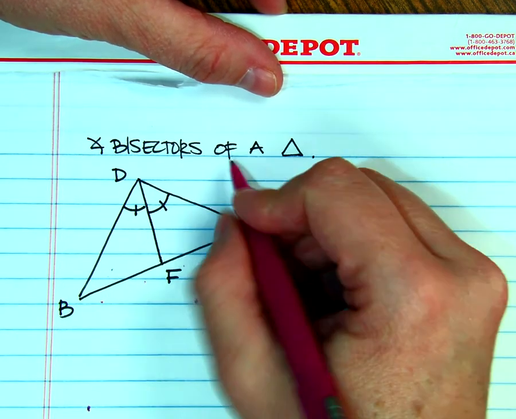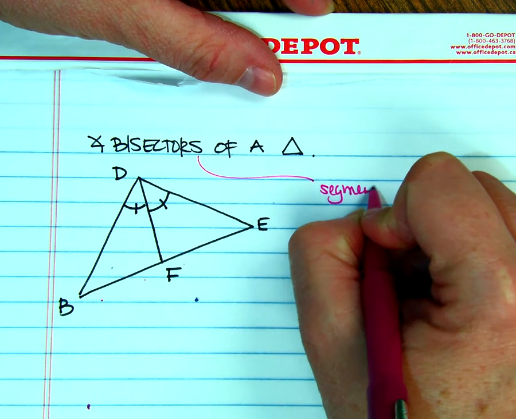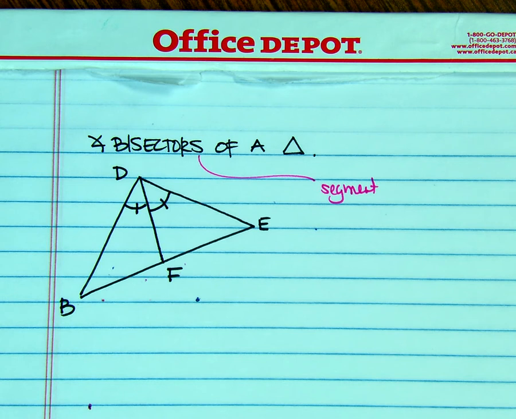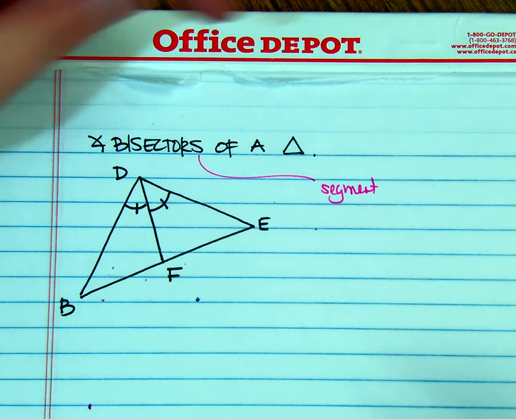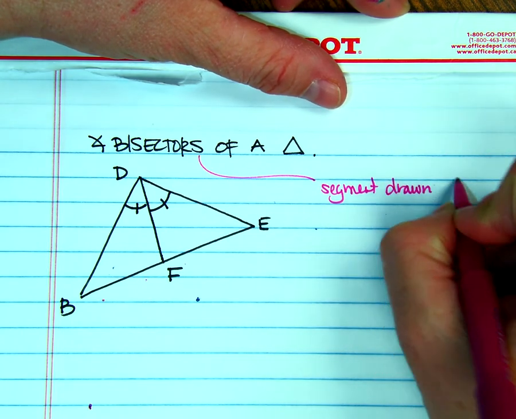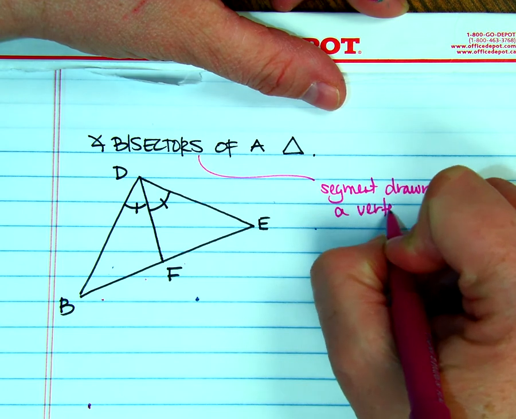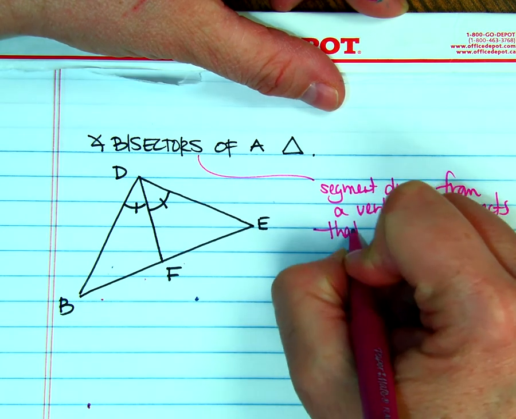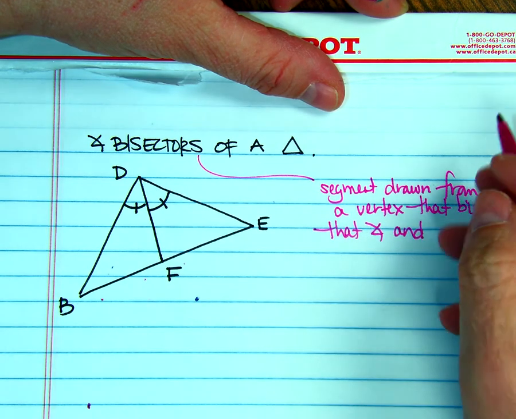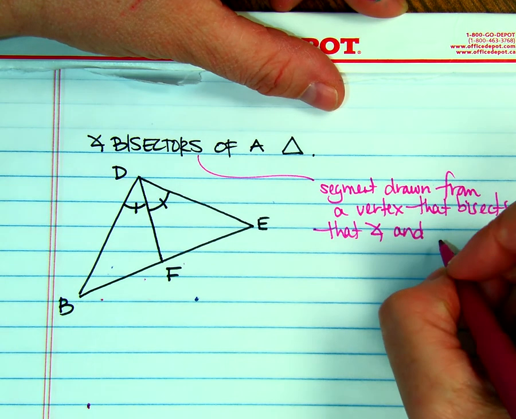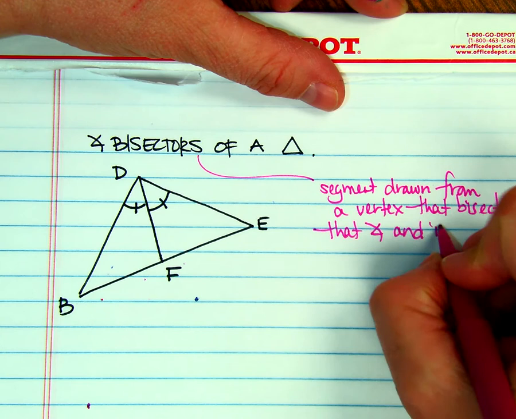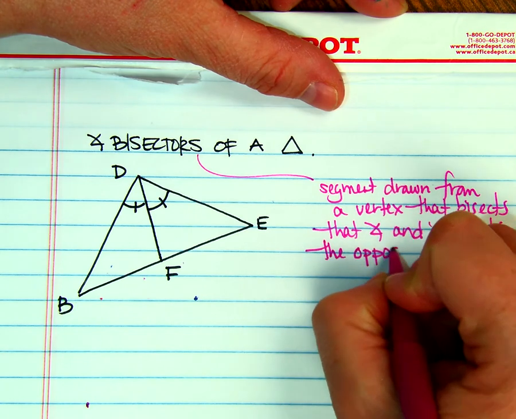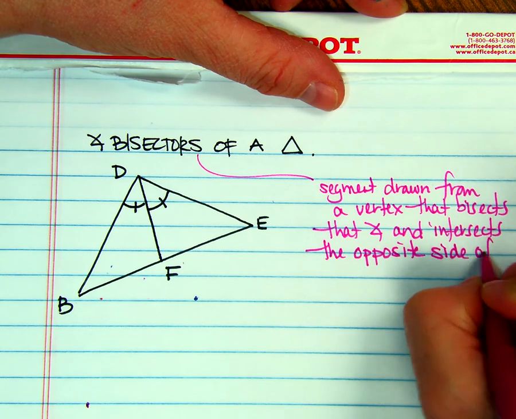angle. So, by definition, it is the segment drawn from a vertex that bisects that angle and intersects the opposite side of the triangle.